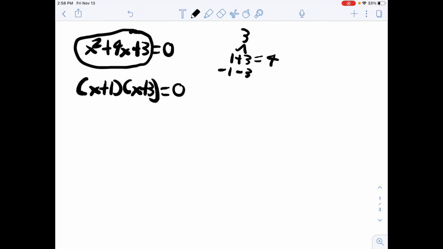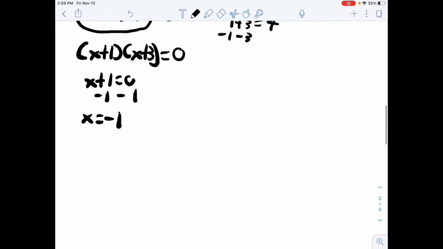And now what we have to do is we need to equate each of these binomials to 0, since only one of them has to equal 0 in order for the equation to be true. So let's start with x plus 1. This is simple. So x can equal -1, but we need to do x plus 3 as well. x equals -3 here.